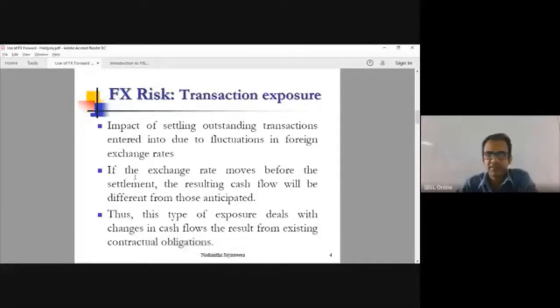So that's why it says if the exchange rate moves before the settlement, that means before you get the cash flow, then you either make a loss or a profit. We don't mind making profits, but it may be a loss as well.